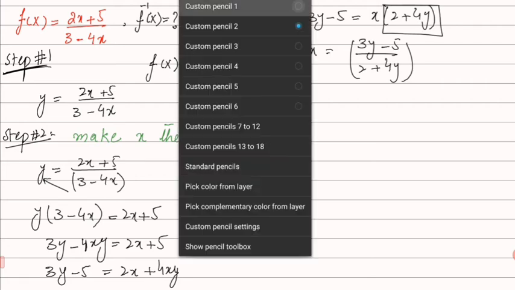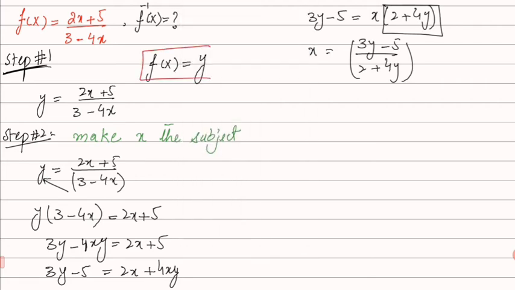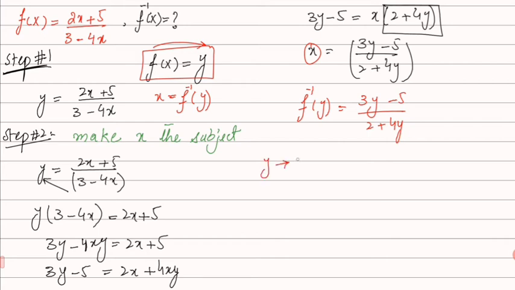Again, coming back to the initial supposition where we supposed that f of x equals y, we can bring this f over there, and remember f is a function for now. When we take it to the other side, it will be f inverse. So x will be replaced with f inverse of y is equal to 3y minus 5 divided by 2 plus 4y, right? And then at the end we replace y with x.